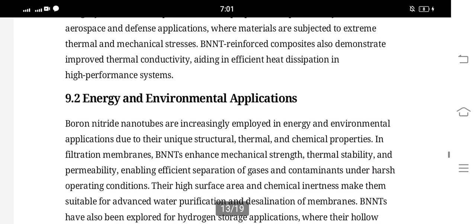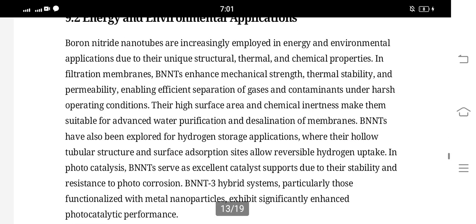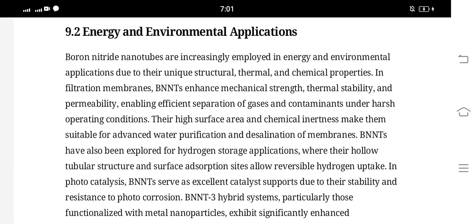The second application is energy and environmental. In energy and environmental sectors, boron nitride nanotube 3 are used in filtration membranes, water purification systems, and hydrogen storage technologies.